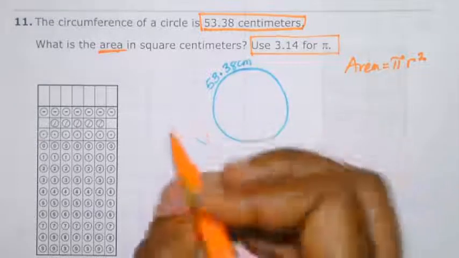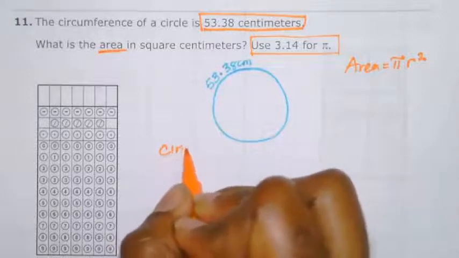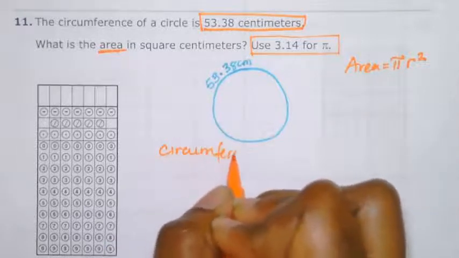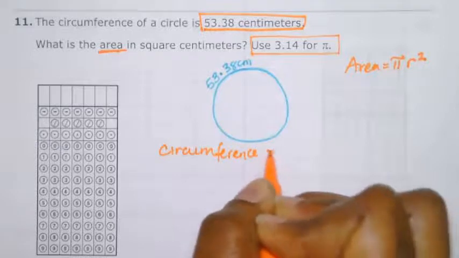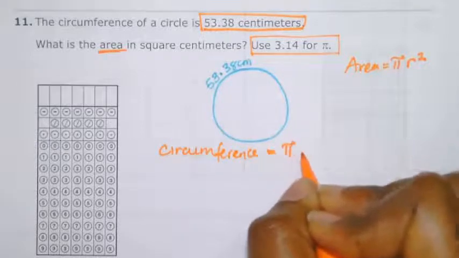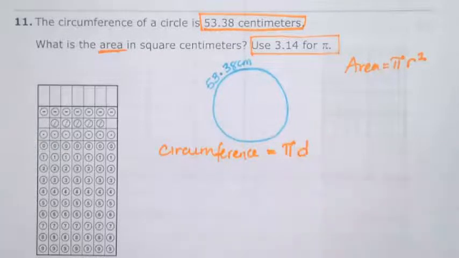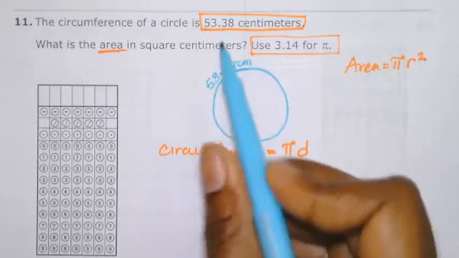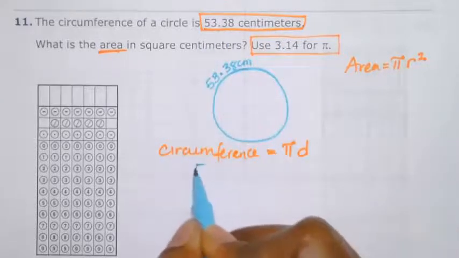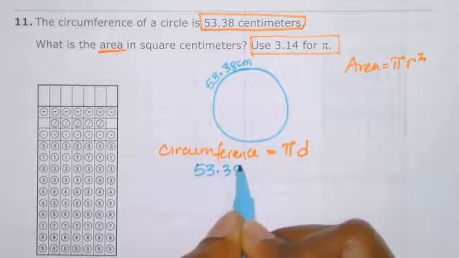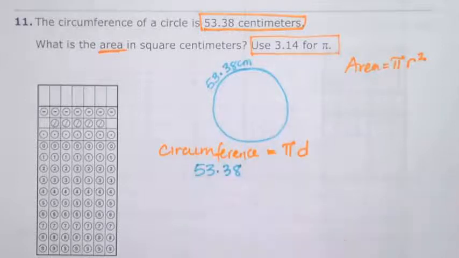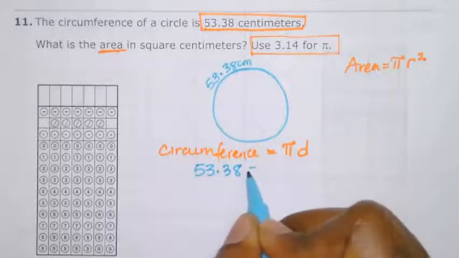So we know that circumference is equal to pi times the diameter. So in this question, the circumference is 53.38 centimeters. I'm just going to forget about the units for now. Equal to pi times d.